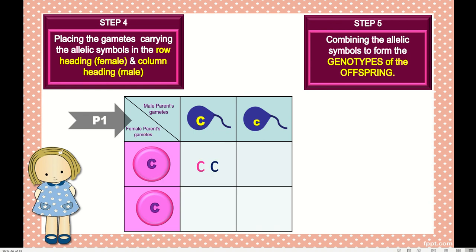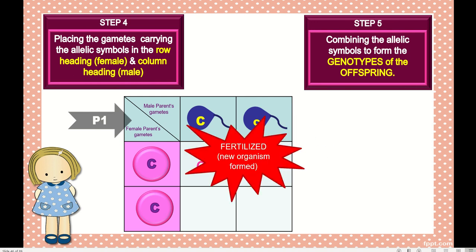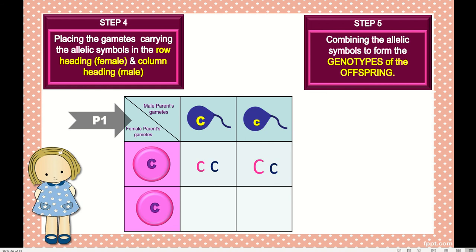There is also another possibility that this egg will be fertilized by the other sperm, and the genotype of that offspring is capital C, the gene from the mother, and capital C, the gene from the father.